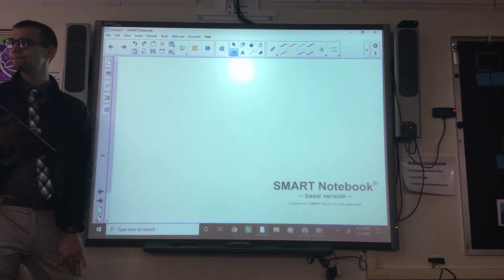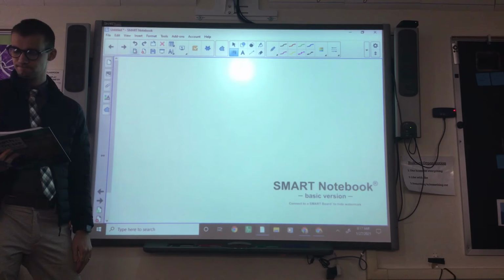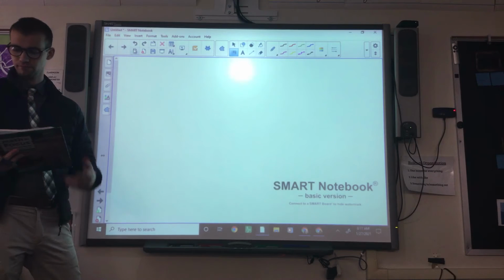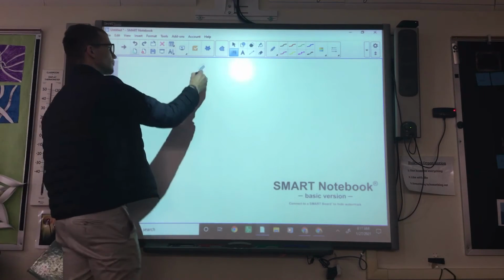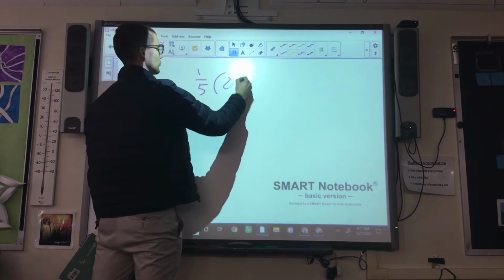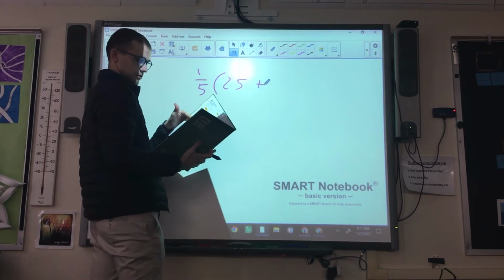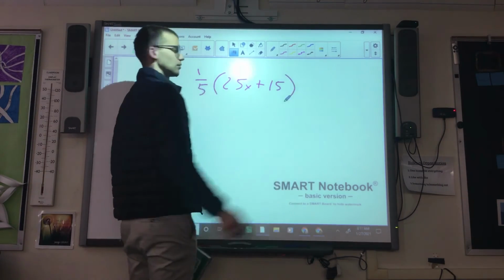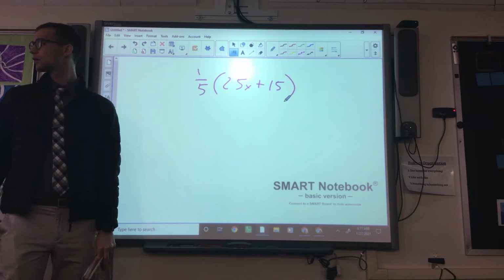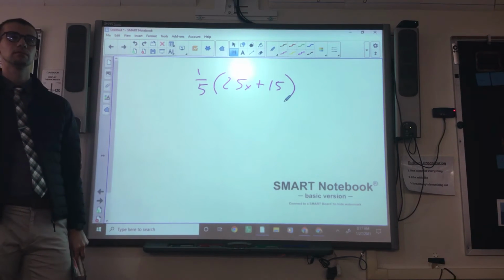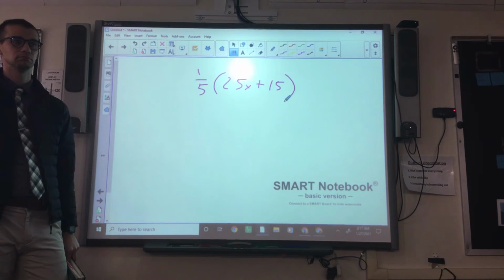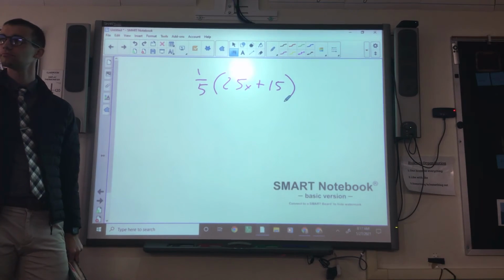What do you do for number 3? It is 1/5 times the quantity 25x plus 15. What's the next step?